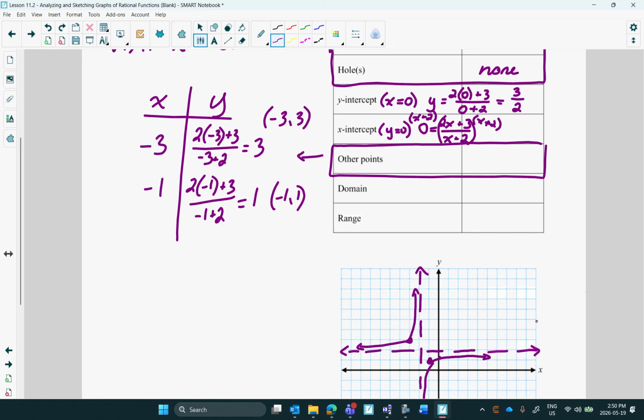And x plus 2 times 0 is 0. These cancel out, and I'm left with 2x plus 3. Move the 3 over, divide by 2. The x-intercept is going to be negative 1.5, which you can see according to my graph is about right.